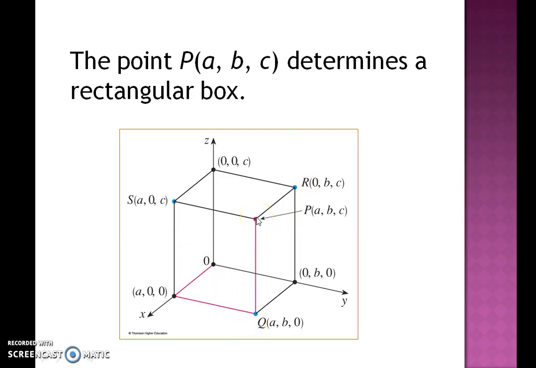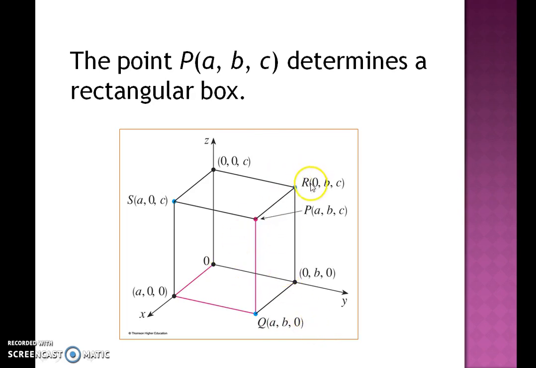Take the projection of point P in the XY plane to locate the point Q, in the YZ plane to locate the point R, and in the XZ plane to locate the point S. The XY plane contains the X and Y coordinates, so the Z coordinate in this plane is equal to 0, and therefore the coordinates of Q become A, B and 0.